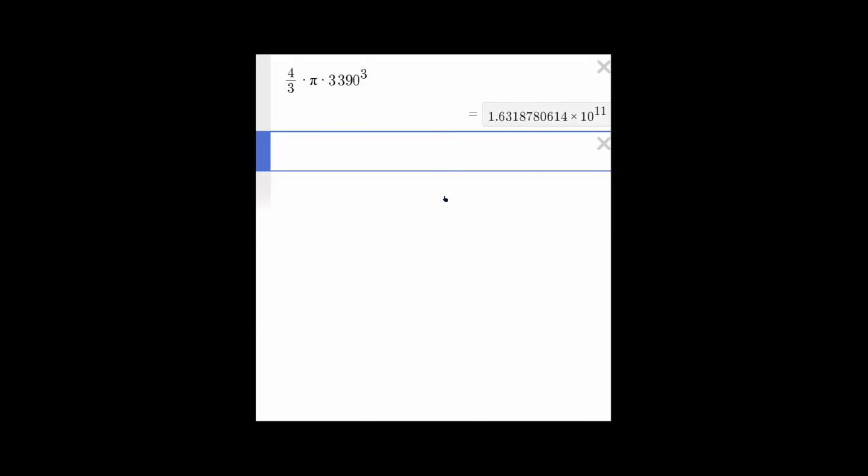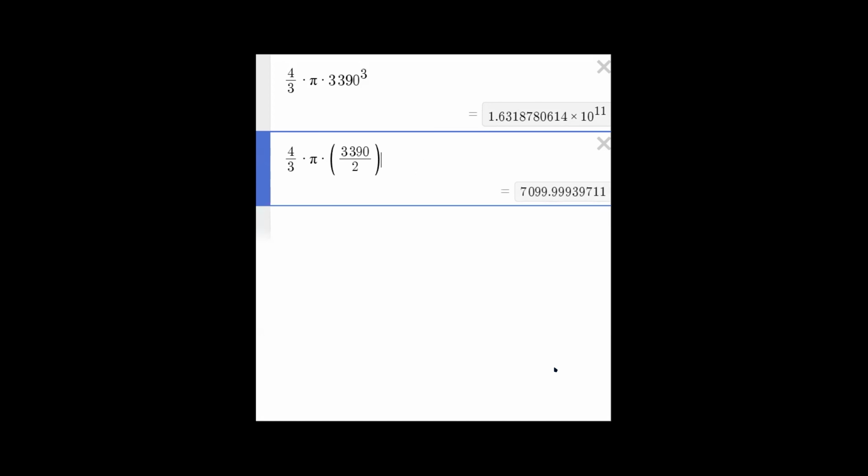And then for the core, it says that it's half of the radius, so we just have to take 3,390 divided by 2, and it's the same formula, so we have 4 over 3 times pi times, in parentheses, 3,390 divided by 2, and this should be to the third power.